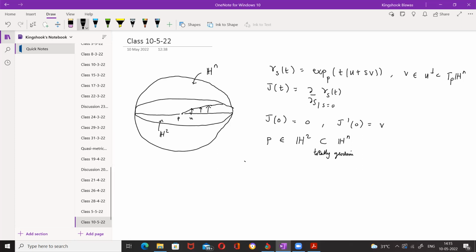And my curves gamma S, they also belong to this copy of H2, right? Okay, this H2 is what? H2 is XP of sigma, where sigma is the span of UV, right? Is this clear?